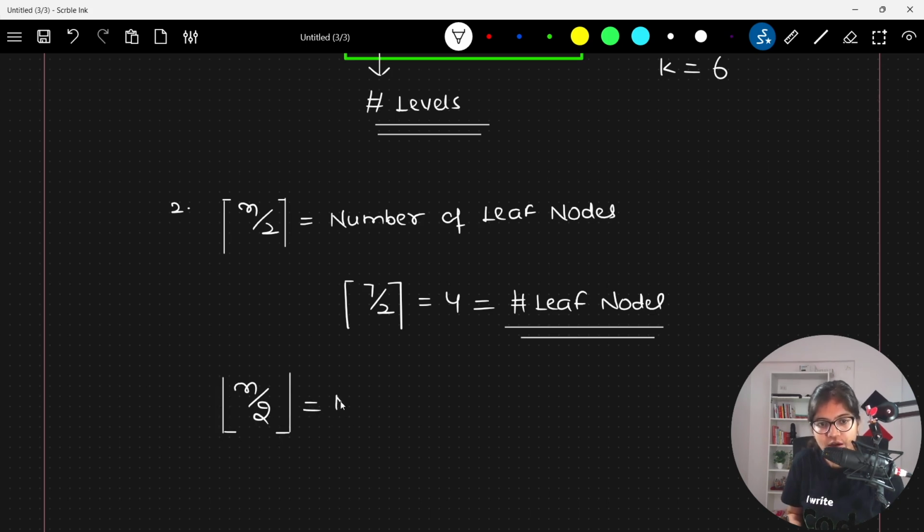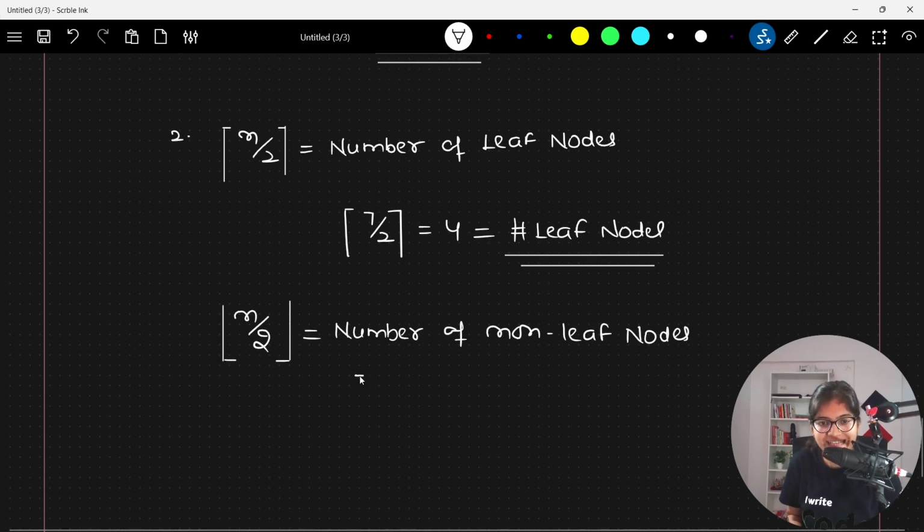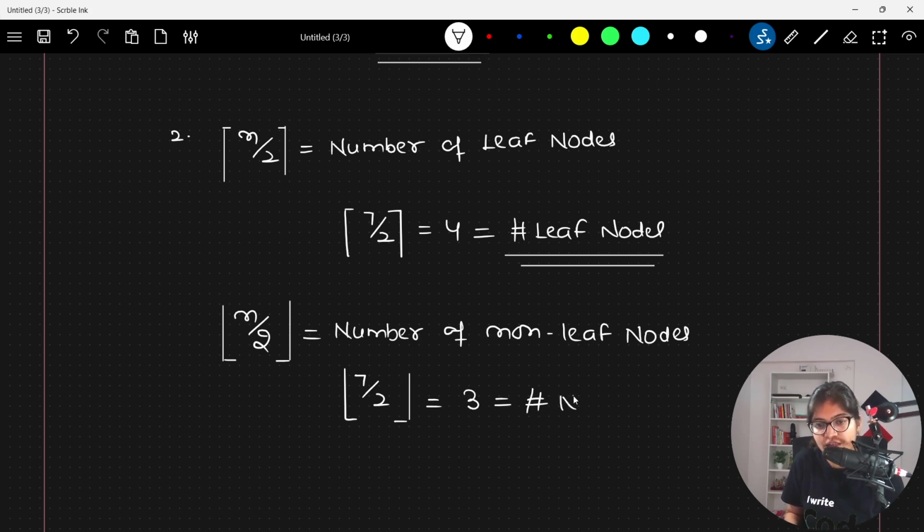So this is the count of the number of non-leaf nodes that you have. Here if I take the lower bound of 7 by 2, I will get the value 3. This is the count of the number of non-leaf nodes which I am talking about.